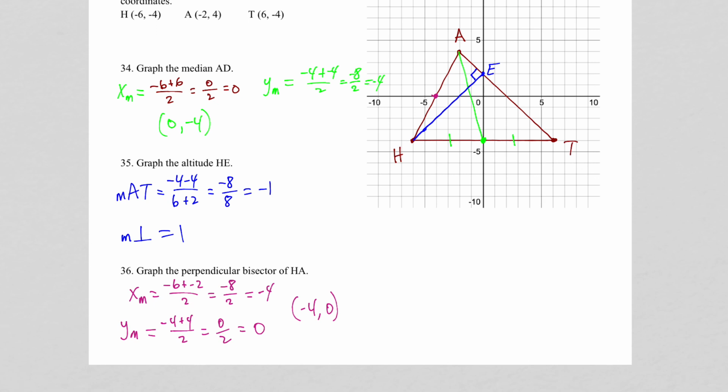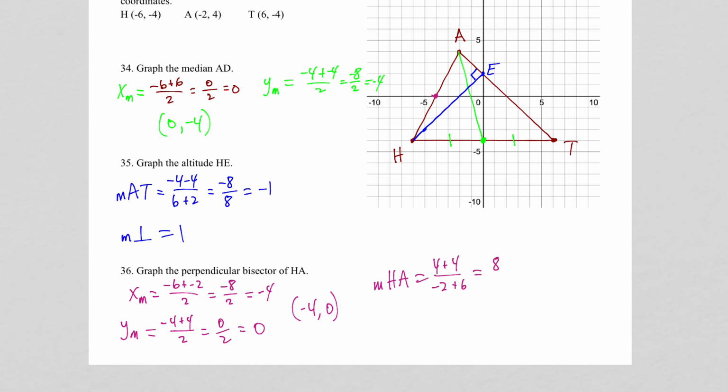Now, I need to know the slope of this so I can know the slope of the perpendicular. So the slope of HA is y2 minus y1: 4 minus negative 4, which becomes plus 4, over negative 2 minus negative 6, which is negative 2 plus 6.